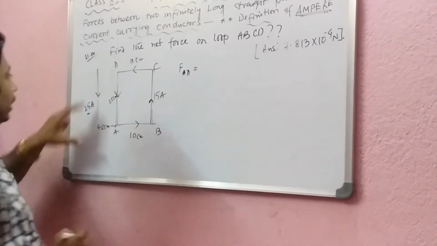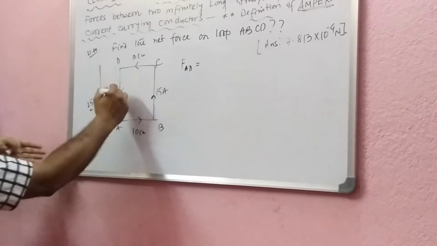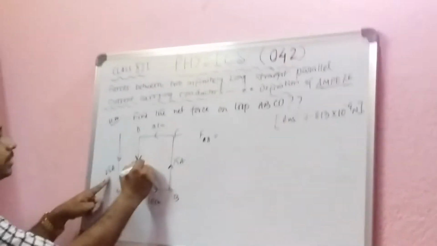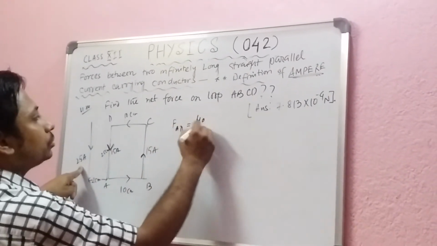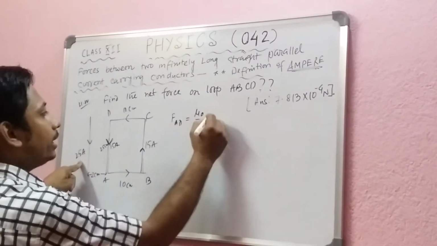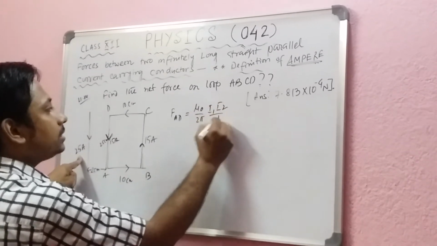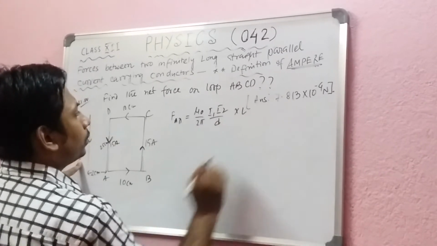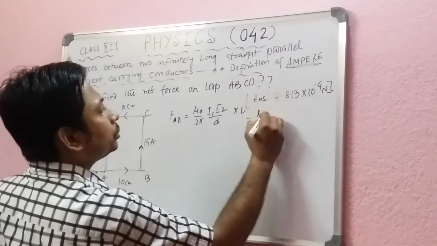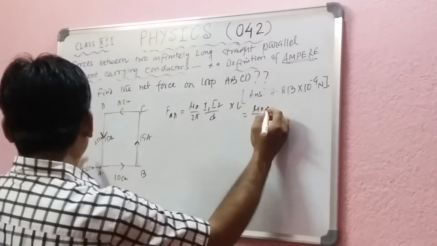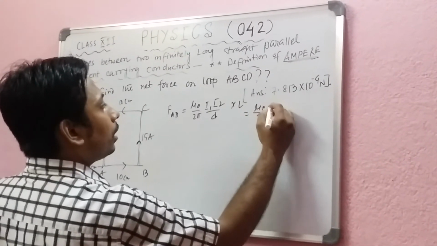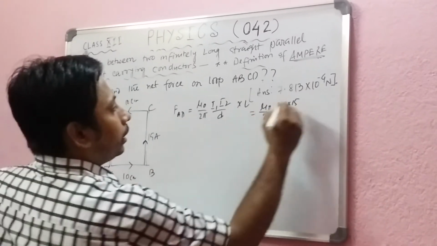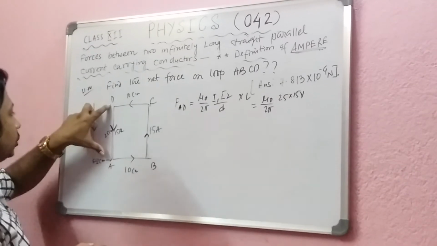Only AD and BC. See, for AD, force due to AD. Here we have two parallel wires, same thing. Direction of current is the same, here 25, here 15 ampere. So we can put the formula mu 0 by 2 pi I1 I2 by D into length of the wire. So put the value: I1 I2 means 25 into 15, into L, length of the wire is 25 centimeter.